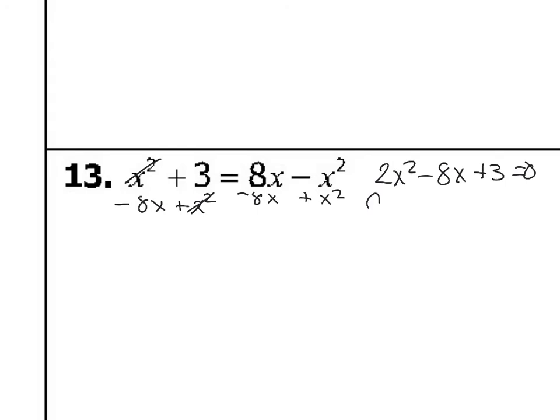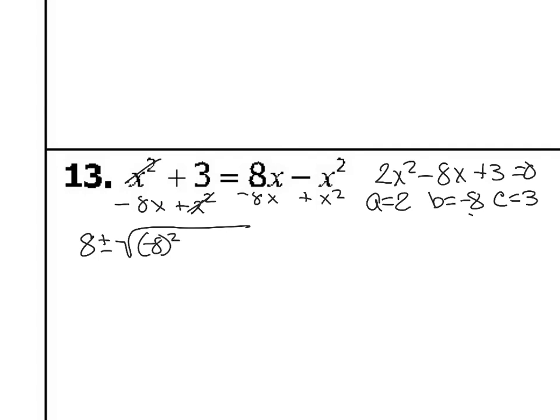Okay, so A is 2, B is negative 8, and C is 3. So let's plug it in. Opposite of B, which would be positive 8, plus or minus square root of B squared, so negative 8 squared, minus 4 times A, which is 2, times C, which is 3, over 2 times A.